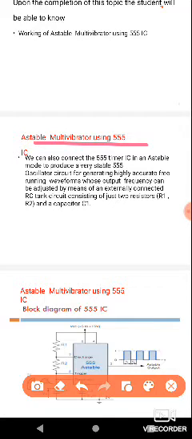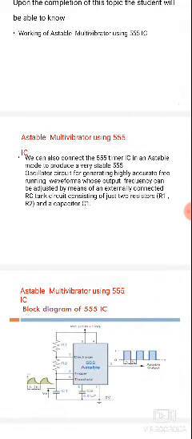Stable state means constant. A bistable multivibrator has two stable states, on and off, just like binary ones and zeros. Astable means no stable state, so the output will be continuously varying.